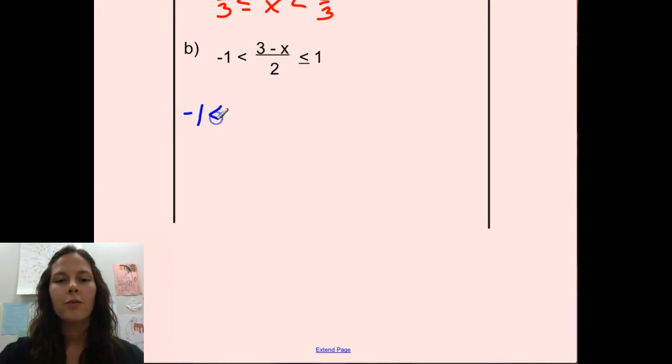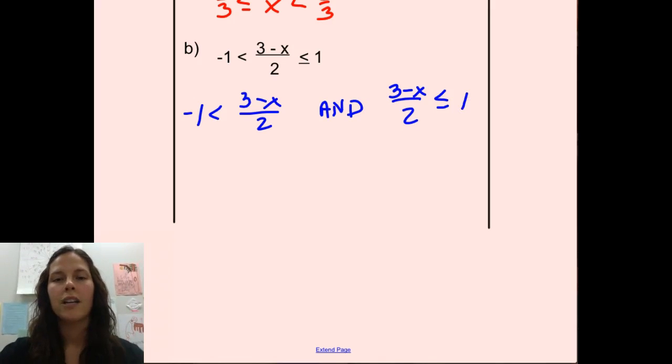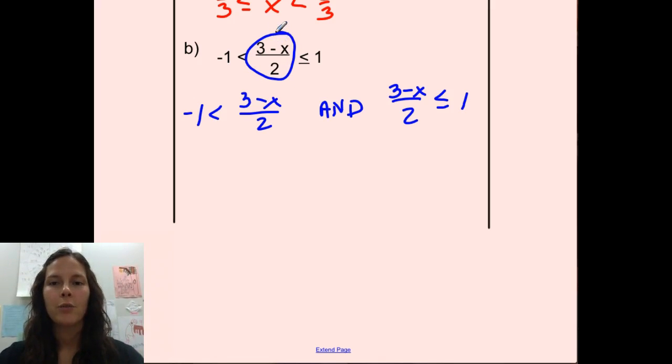We would have -1 is less than (3 minus x) all over 2, and (3 minus x) all over 2 is less than or equal to 1. When you do this, be careful to use the entire middle for both of your inequalities.